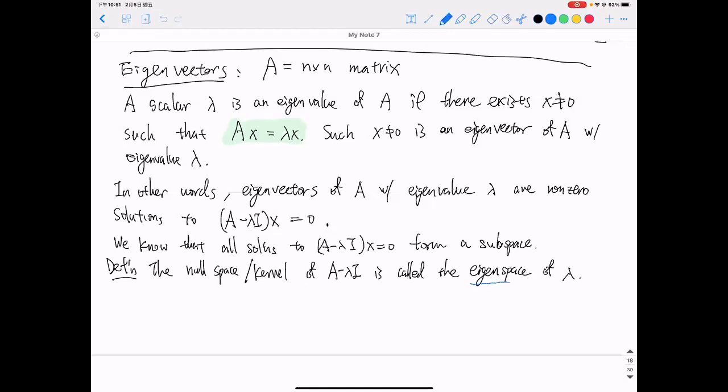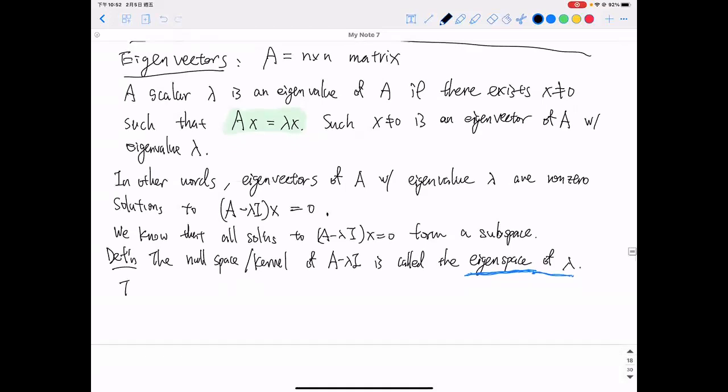So the collection of eigenvectors with eigenvalue lambda forms a subspace, and that's called the eigenspace of lambda.